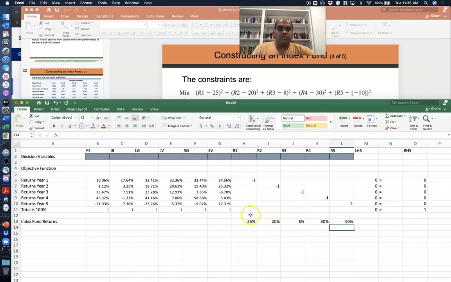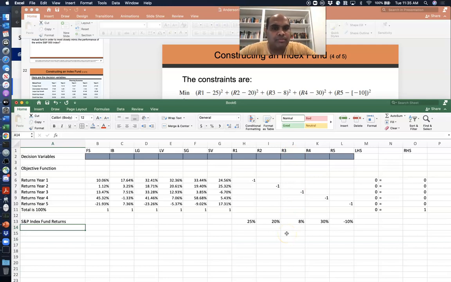These were the returns for the S&P index. Our objective is the difference between R1 minus 25% squared, then R2 minus 25% squared, then R3 minus 25% squared.